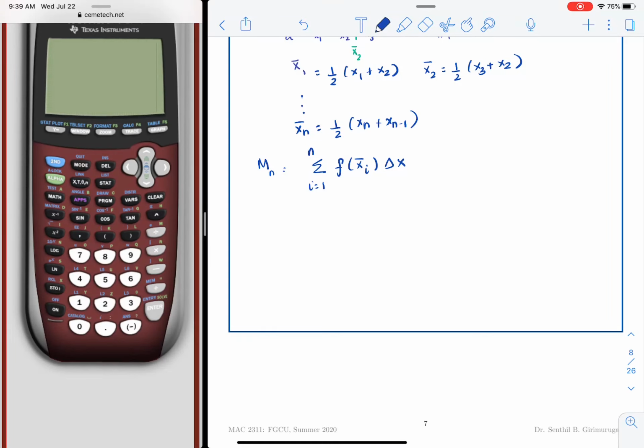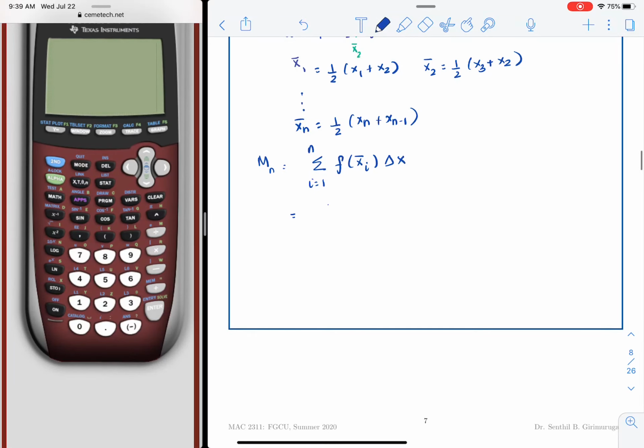And that is going to approximate the integral of f of x dx, which is the same as saying the area under the curve f of x defined on the interval a comma b.